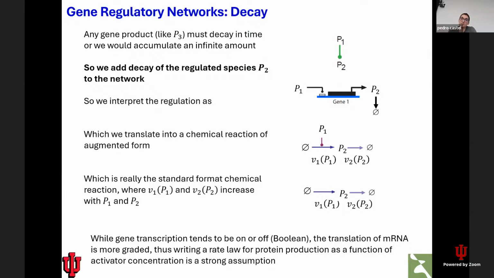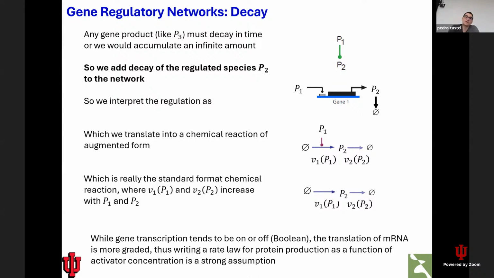But in the case of P2, because P2 is being constantly produced, if it never decays, if it never gets destroyed, in the long term, you'll have an infinite amount of P2 by construction. So P2 will go to infinity as time goes to infinity. So sometimes you put on these decays to stabilize your system.